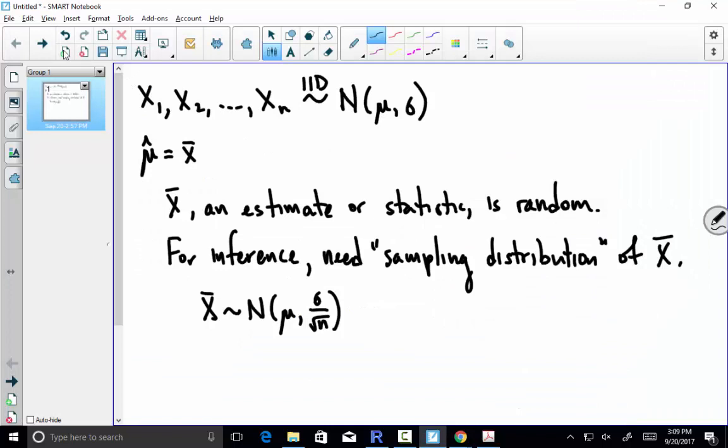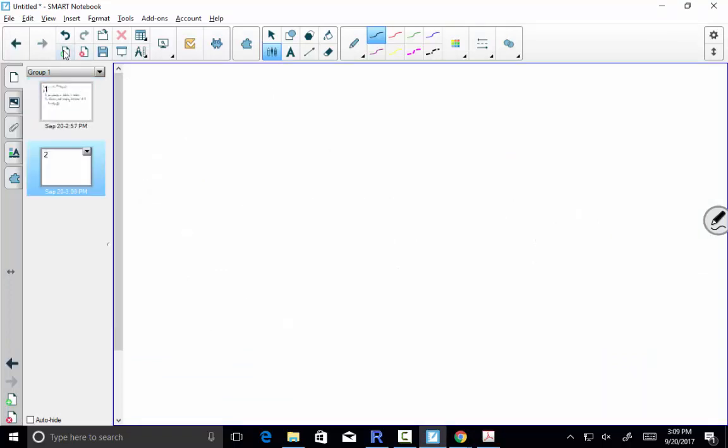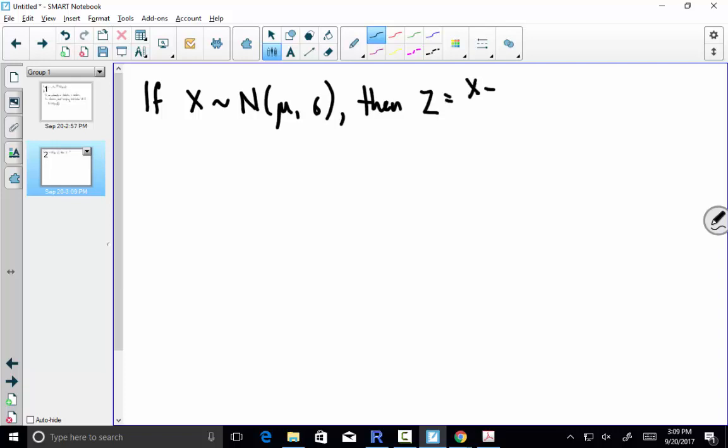As a reminder, if a random variable is normal with mean mu and standard deviation sigma, then what's the distribution of this quantity?